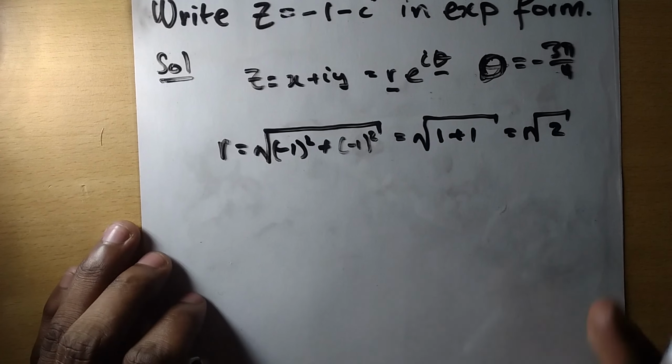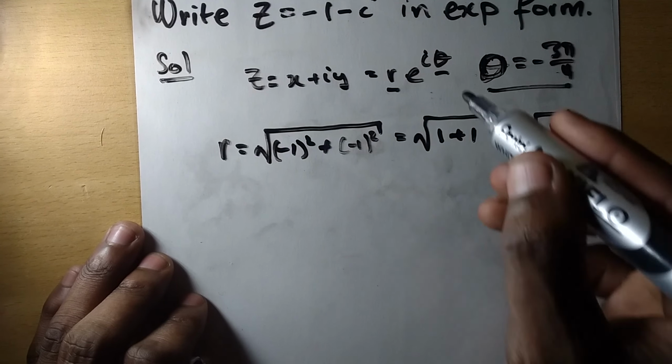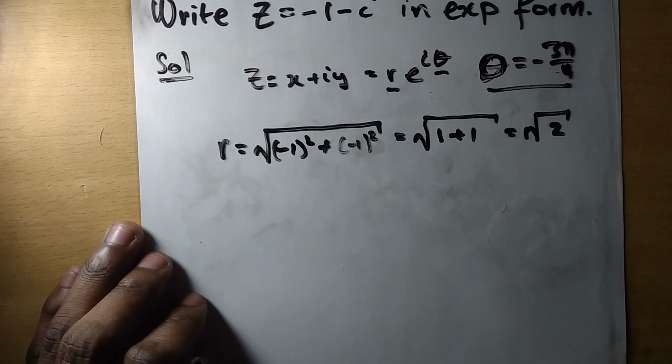Now, we do have this, but we don't have the small letter theta. The small letter theta is given by the argument that we found in the previous question.